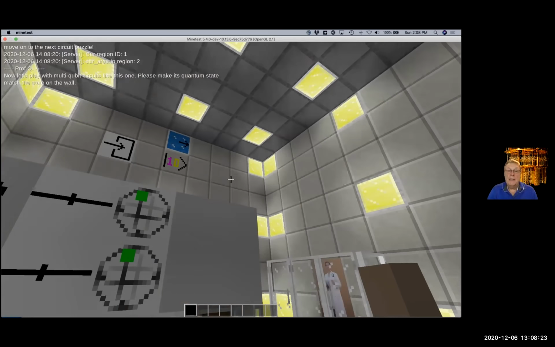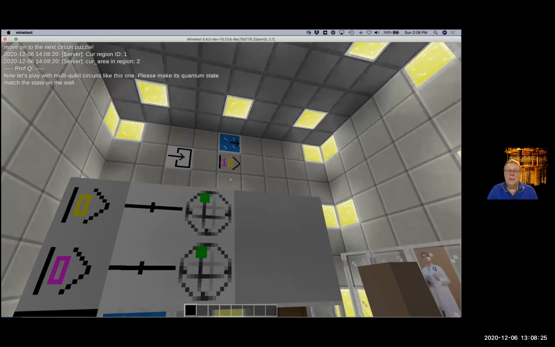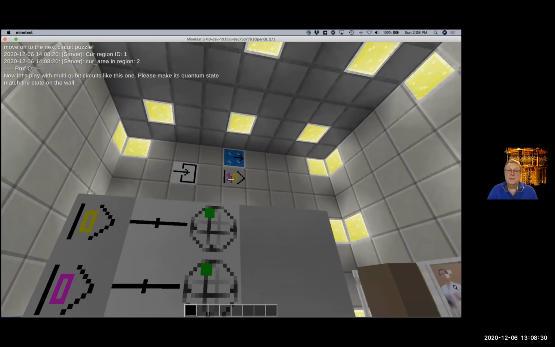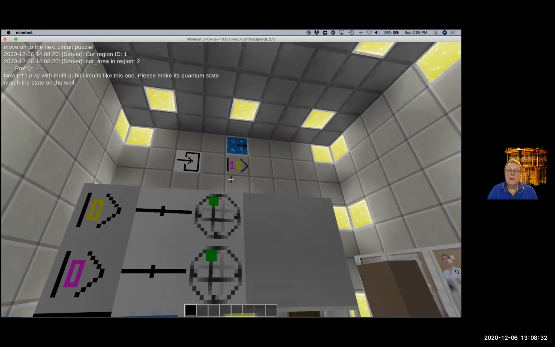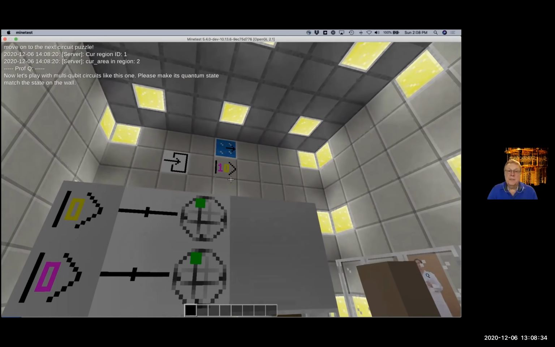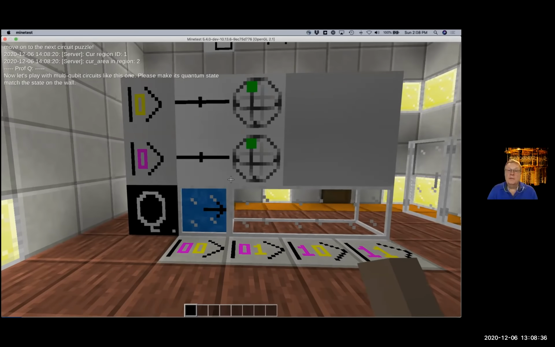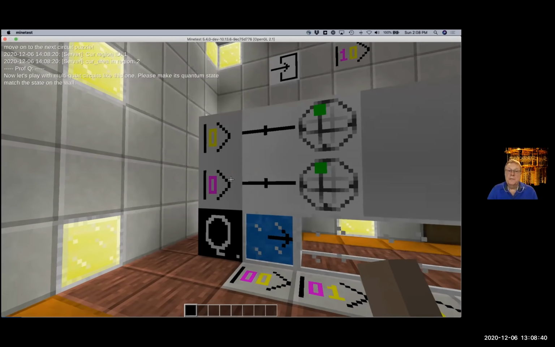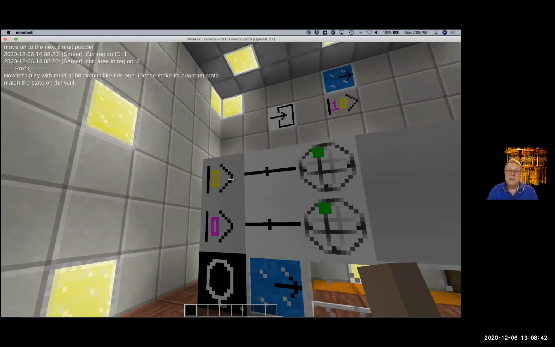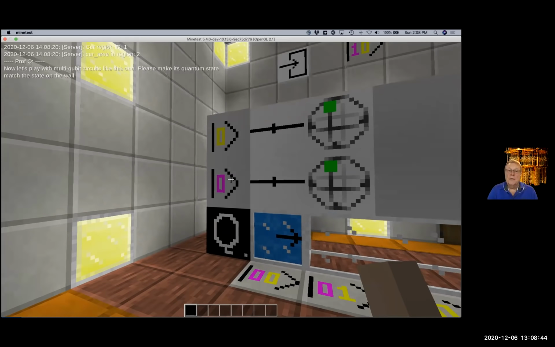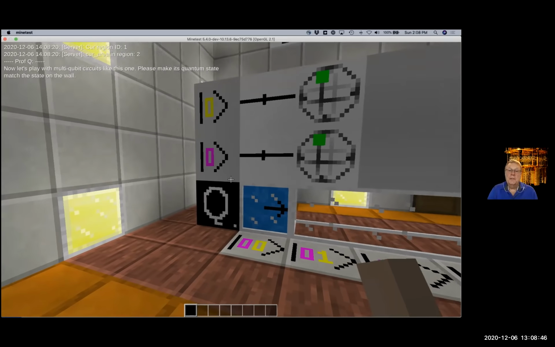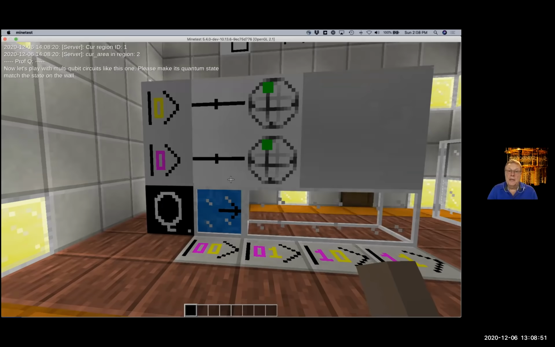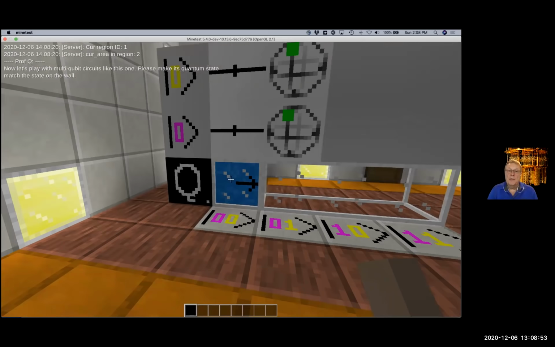Look on the wall, and it says that the state that we want is 1, 0. 100% probability of 1, 0 when we measure it. So right now, we're starting out with 0, 0, because coming in is 0, 0, with the left qubit being the one on the bottom wire, and the right qubit being the one on the top wire.